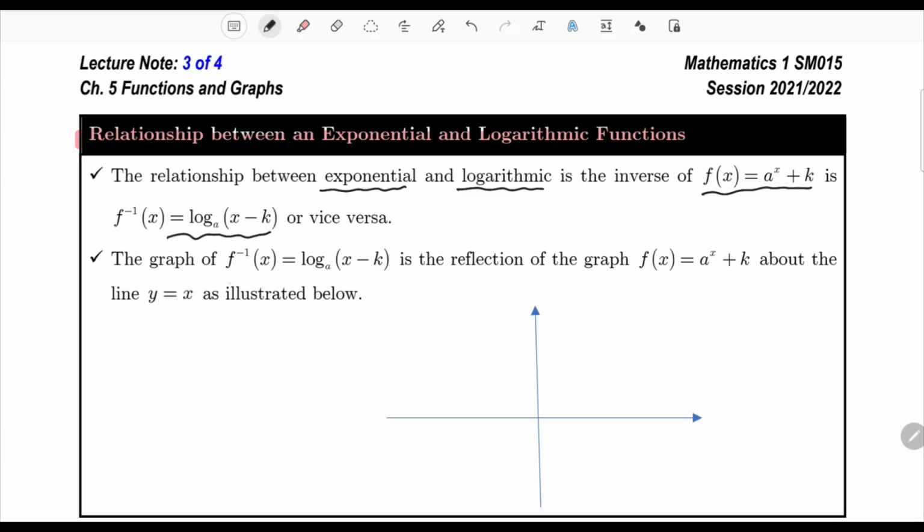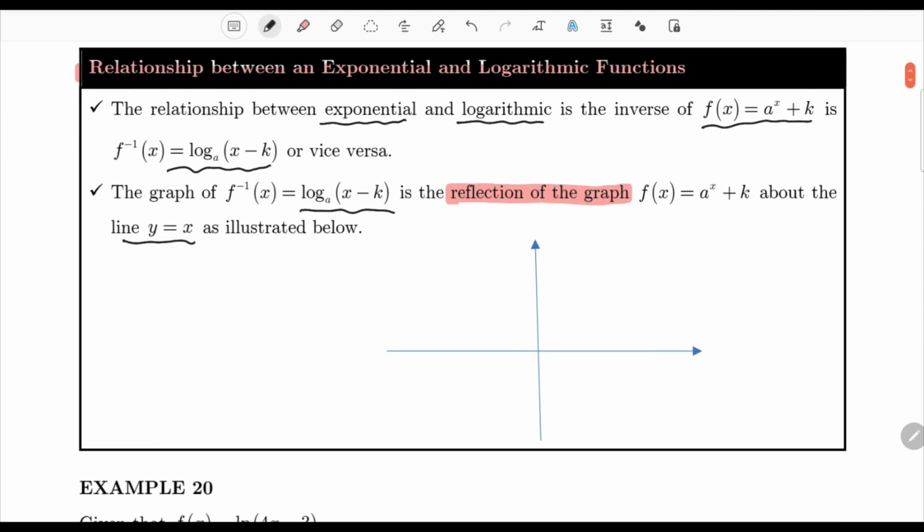The graph of f inverse equal to log of (x minus k) base a is the reflection of the graph f(x) equal to a to the power of x plus k on the line y equal to x.